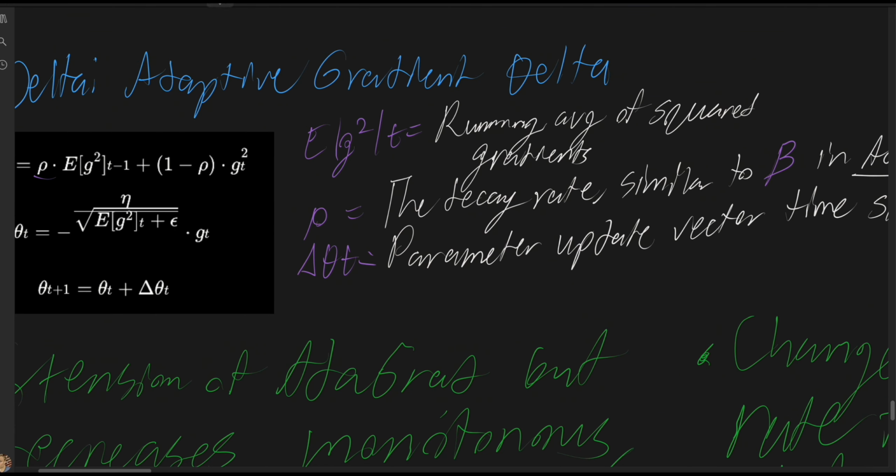And then epsilon, on the other hand, is a constant for numerical stability.